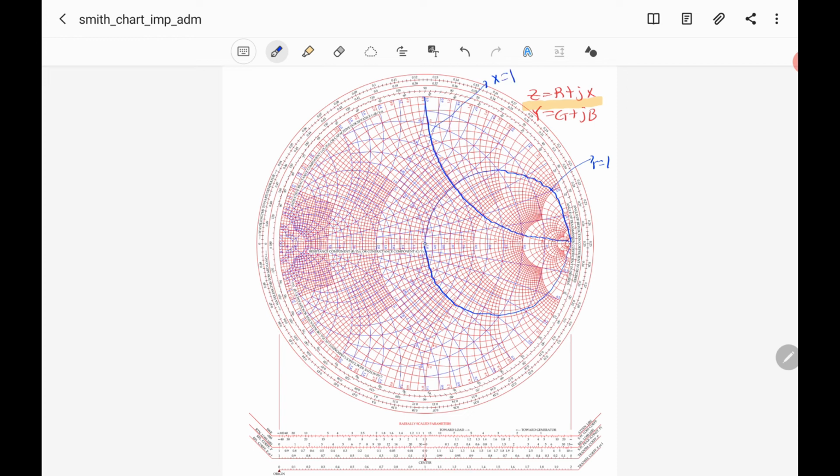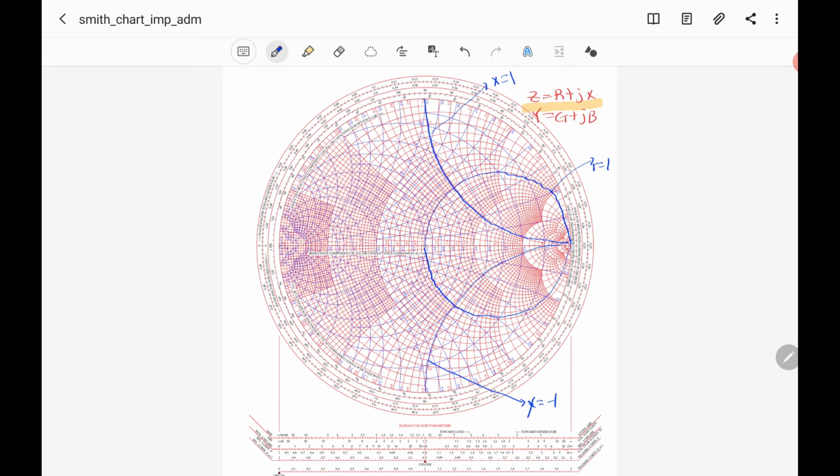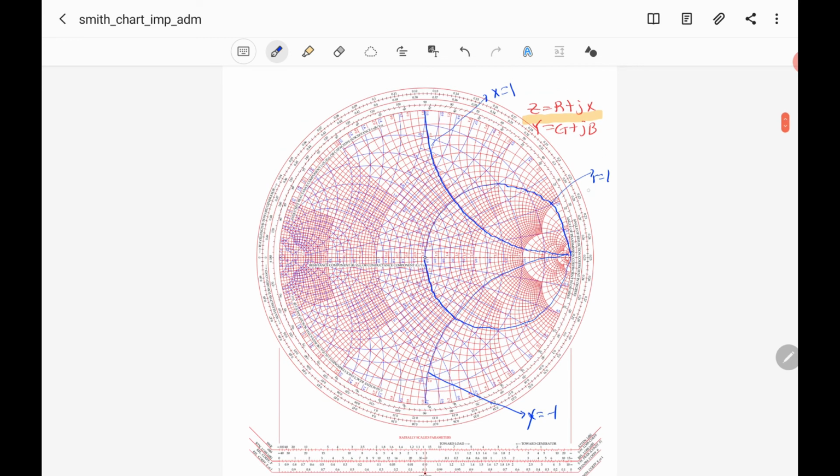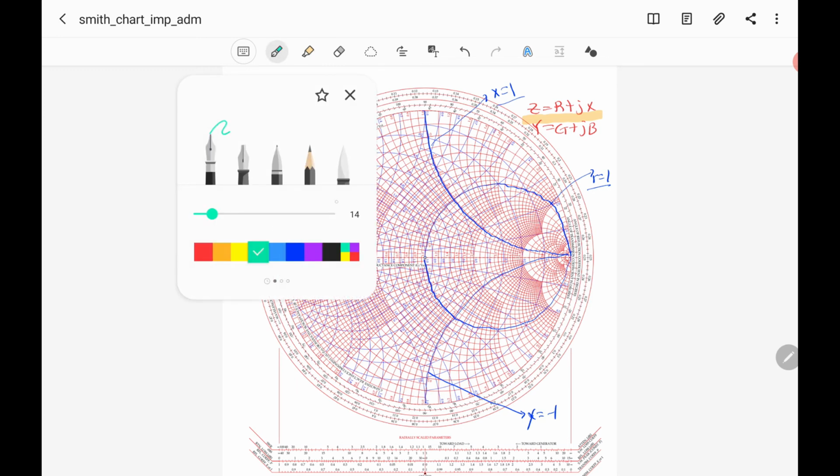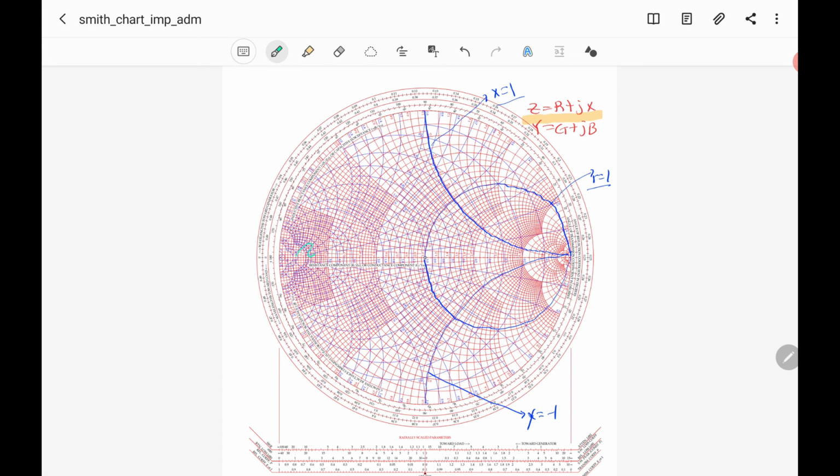This is X is minus 1, right? So this is the resistance circle and reactance circle, right? And then here is a blue color one, right? So the blue color one is kind of opposite, based on the origin. So here, red, the blue circle.